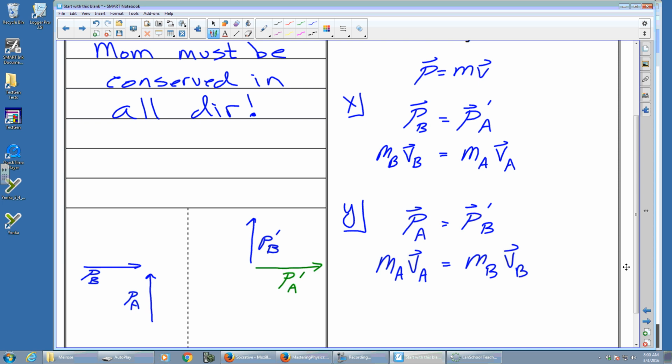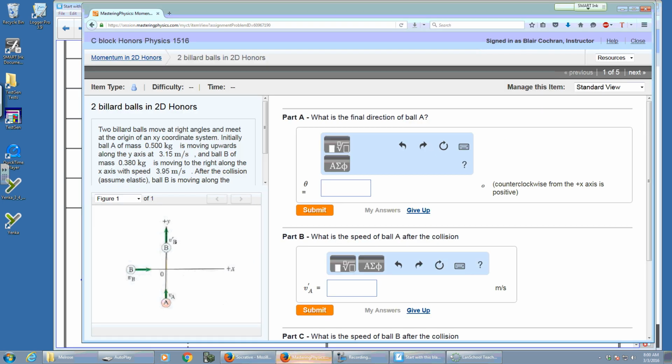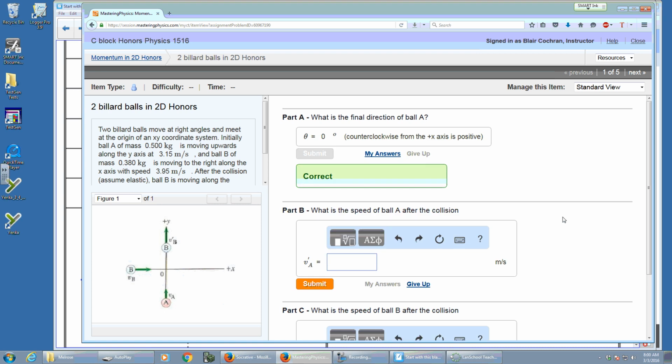What direction is the velocity of A going to be in? X positive. How would we express that numerically? Zero, right? Zero points x positive, and then we go counterclockwise. So let's see if it is in the zero direction. And it is.